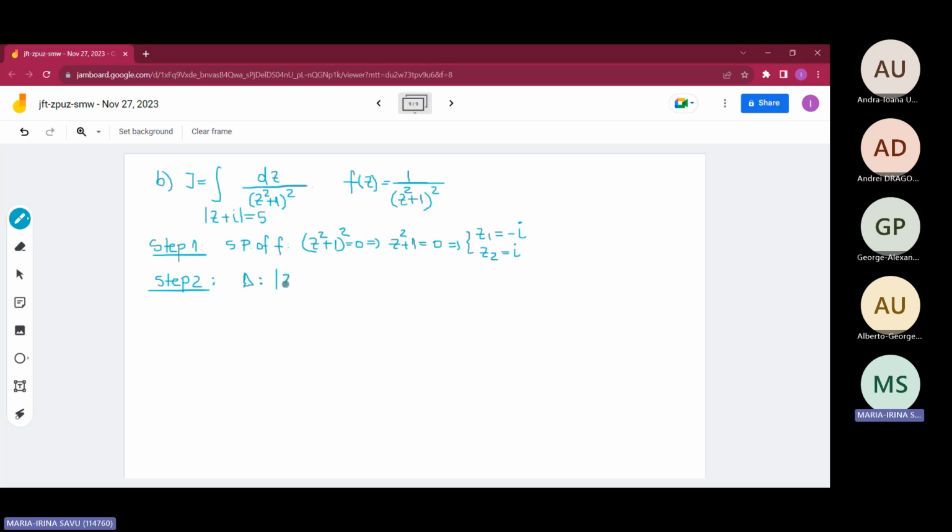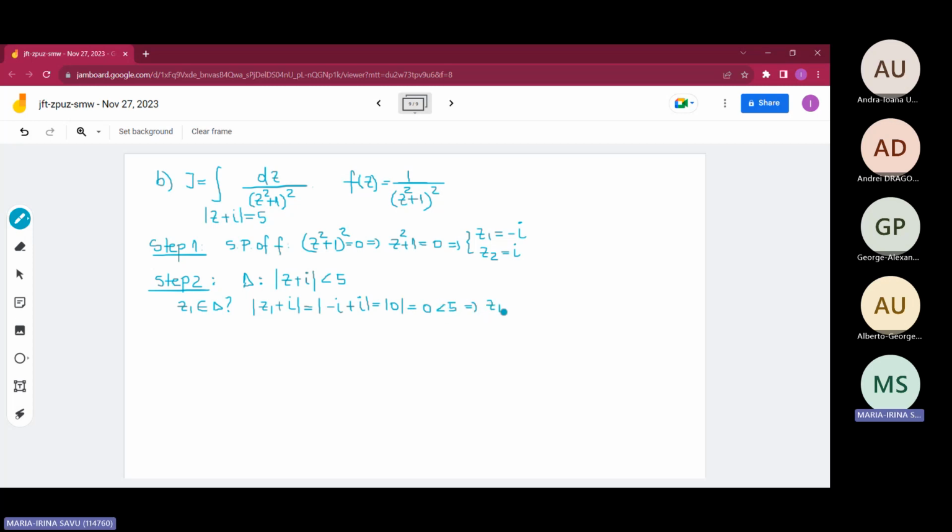Exactly, delta in this case has the condition that the modulus of z plus i is less than 5, not equal but less than 5. So let's take a look at z1. Is z1 in delta? We compute the modulus of z1 plus i, which is minus i plus i, which is 0, and 0 is less than 5.